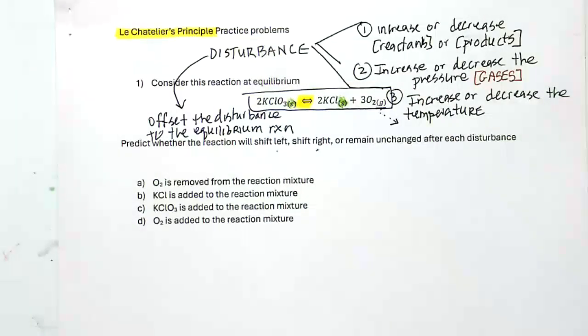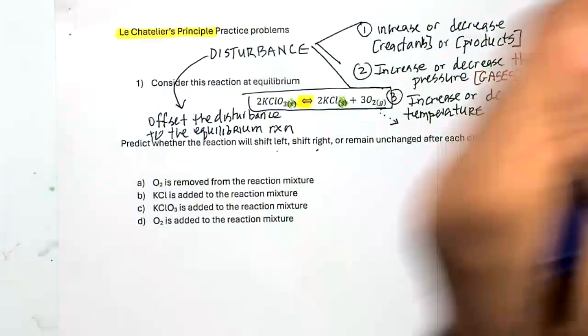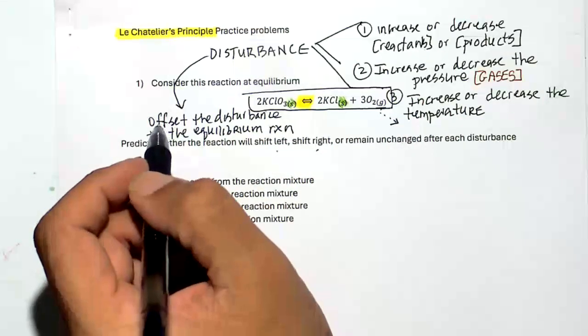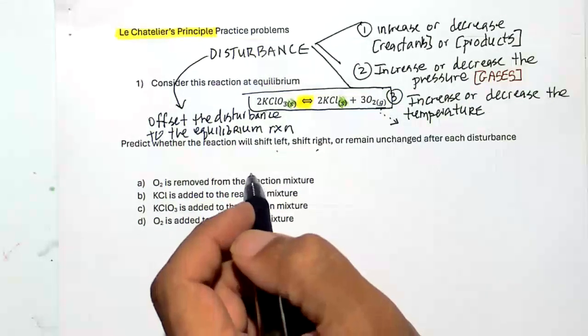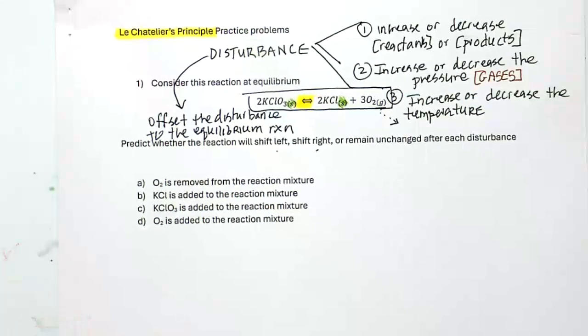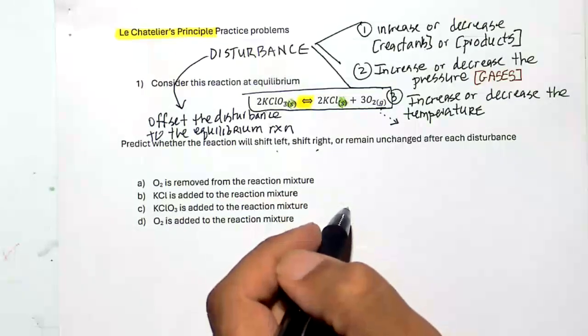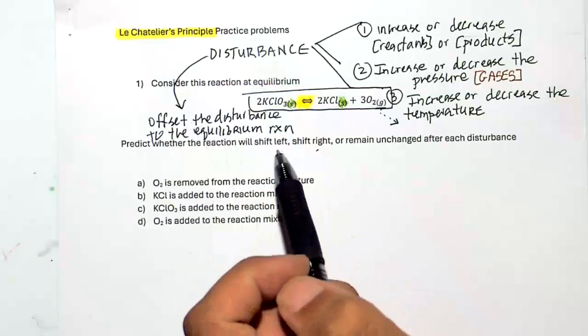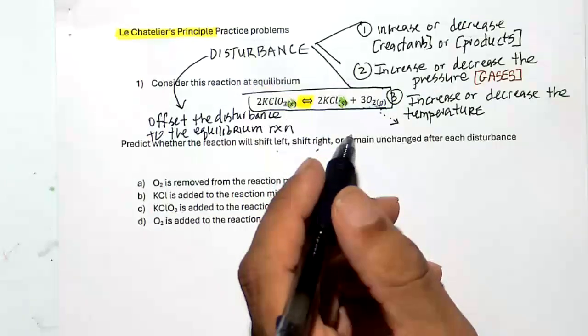So think about this. If you remove O2, okay, where will the reaction shift? Will it shift to the side to create O2? Remember this is an offset. Or will it shift to the side to remove even more O2? This is an equilibrium. Okay? So you push it, it pushes back. You remove O2, it will shift to the side that has O2. So which side has O2? The reactant side or the product side? Okay, product.